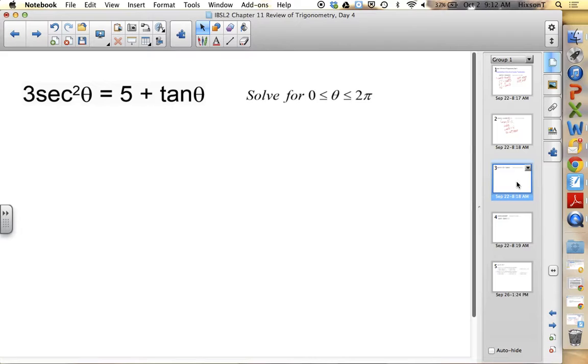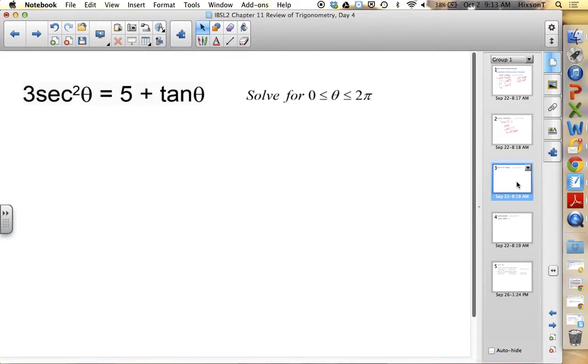Alright. Would someone like to try this one? You can explain it to the class. So you want to get one thing, so like you have secant, tangent, switch everything to cosine and sine. You could, or is there an identity?